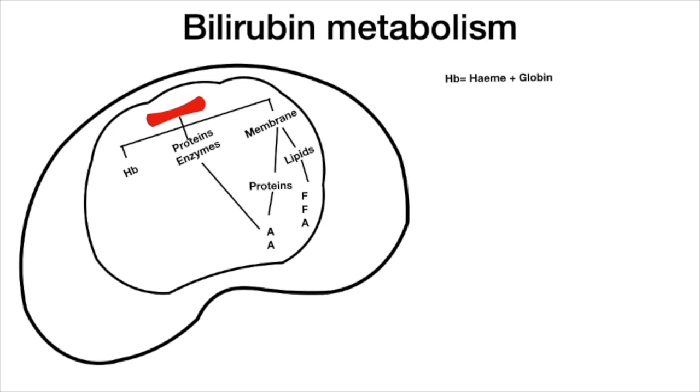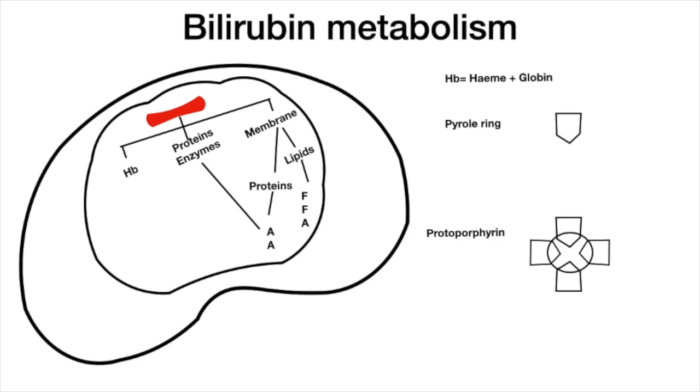The remaining thing is hemoglobin, which is composed of heme and globin. Heme is made up of rings called pyrrole rings. The structure of heme is four pyrrole rings connected to each other, called protoporphyrin. If an iron ion is added in the center of protoporphyrin, it is called heme.